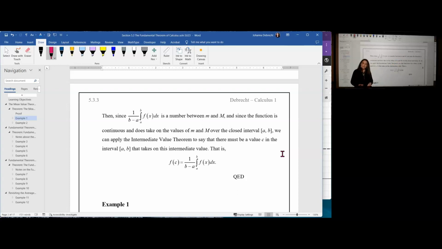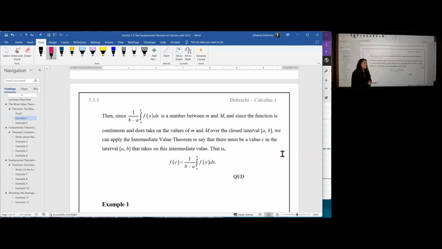We used this earlier this semester to prove that if a function was continuous over a closed bounded interval, and one of the endpoints was negative and one was positive, then because zero is between negatives and positives, there had to be a point c between the endpoints where it had an x-intercept. In this case, we're using the same idea, but saying that the average value has to be between the minimum and the maximum.